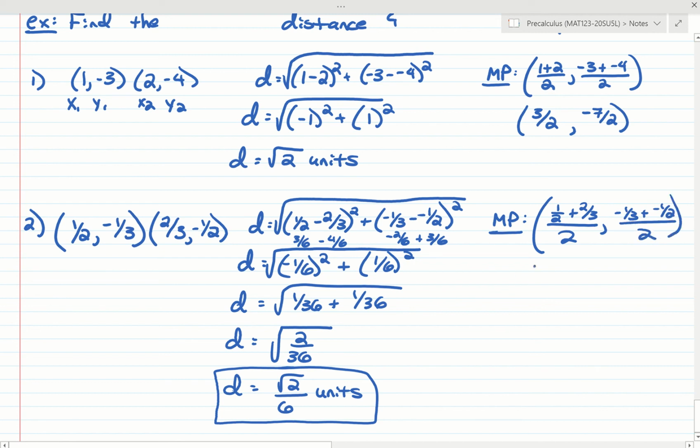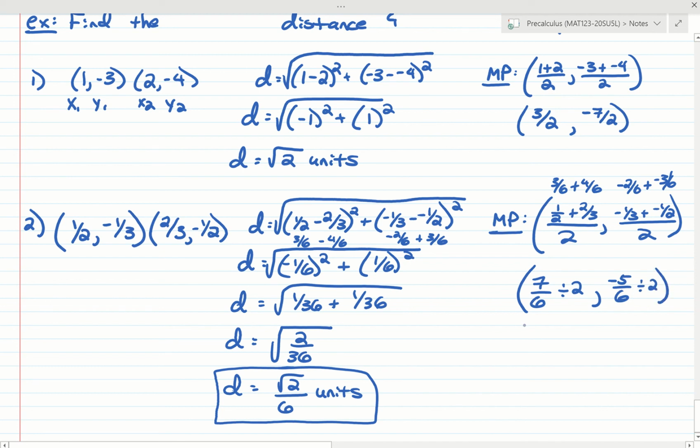Well, to get a common denominator, 1/2 plus 2/3 would be 3/6 plus 4/6 is 7 over 6. And we're going to divide by 2 or multiply by 1/2. To get a common denominator with the y's, that's going to be negative 2/6 plus negative 3/6. And let's see what that is. It's negative 5/6. And we're going to be dividing by 2.